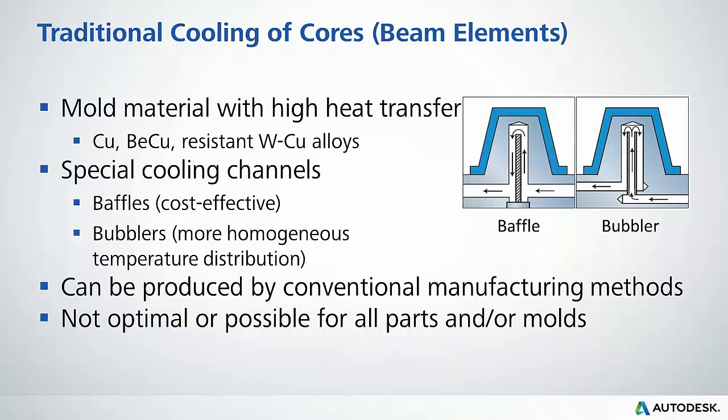Okay, so traditional methods is something else to look at here. So with our straight drilling approach, the way we have in the past and still do, is approach it through steel materials, conductive materials such as copper alloys, beryllium copper, wear-resistant alloys, and different types of baffles, bubblers, that can be produced by conventional manufacturing methods, but it's not always optimal for every part design.